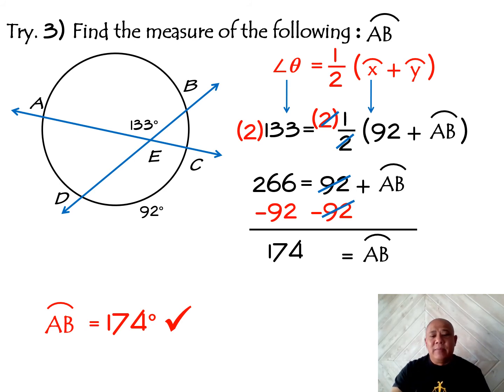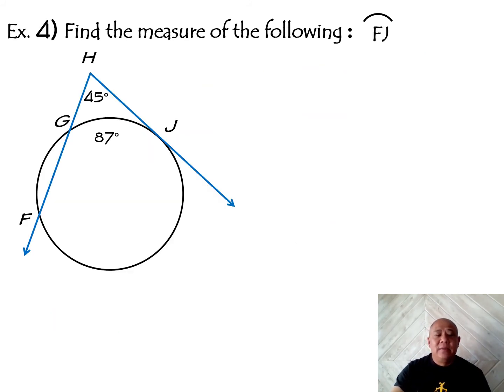Let's take a look at example 4. Here we go. Find the measure of FJ. So again, what is the measure of FJ? What do we know? Notice where the angle is. The angle theta is now on the outside, so we're going to use the outside formula: half the big arc minus the little arc.